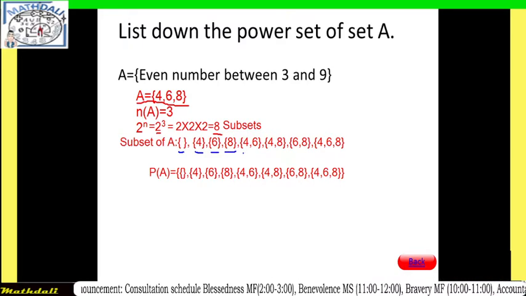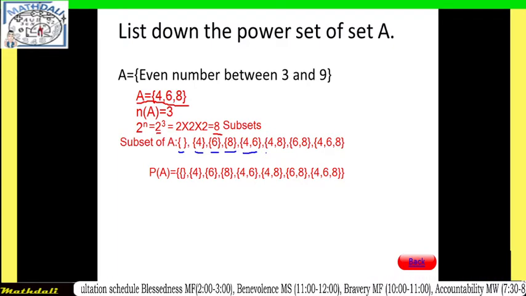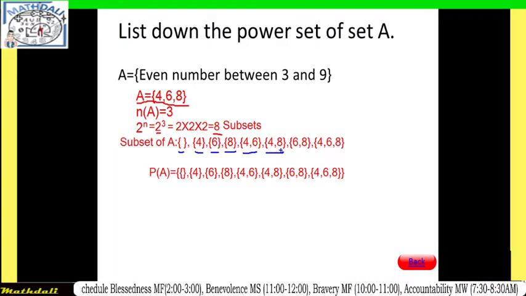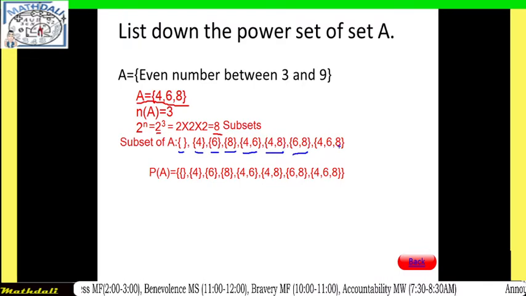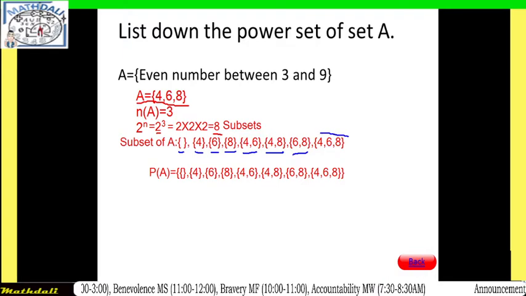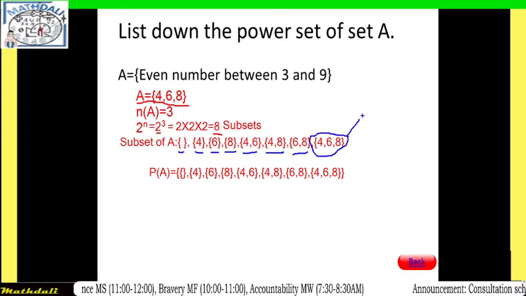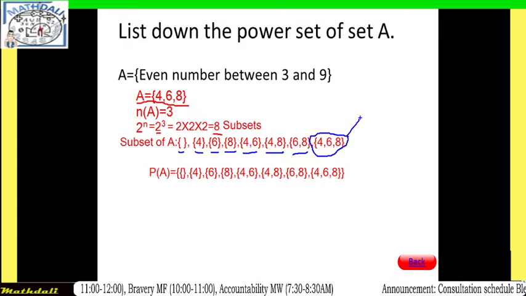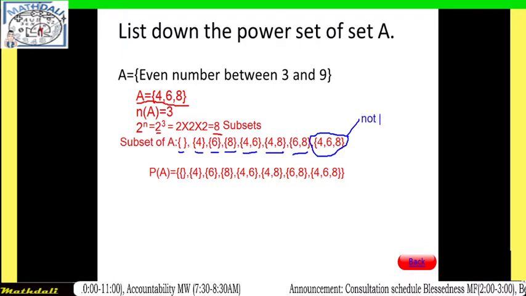Then we have this set containing 4 and 6, that is also a proper subset. Then we also have this set containing 6 and 8, which is also a proper subset. And this last one, set A itself, is not a proper subset of set A. I'll just add that it is a subset, but it is not a proper subset.